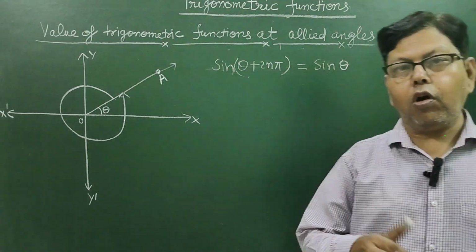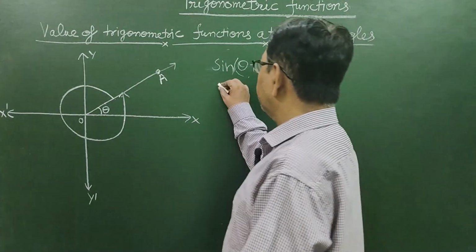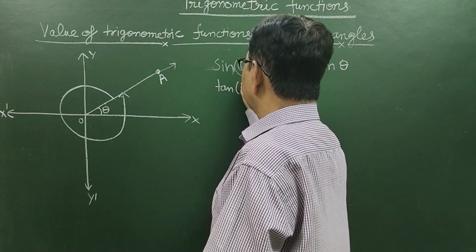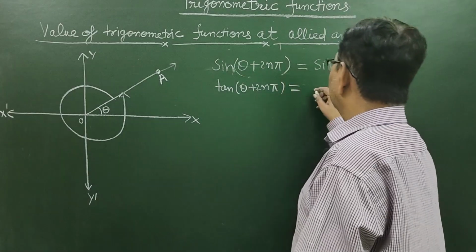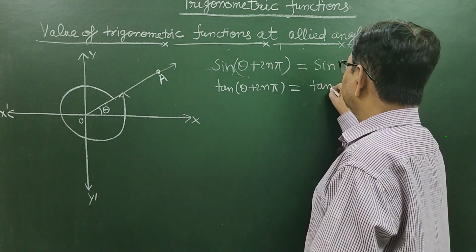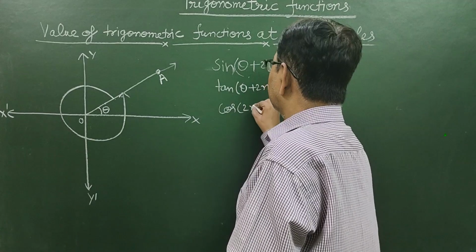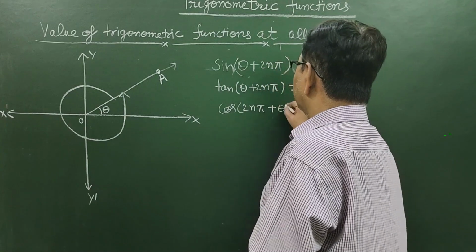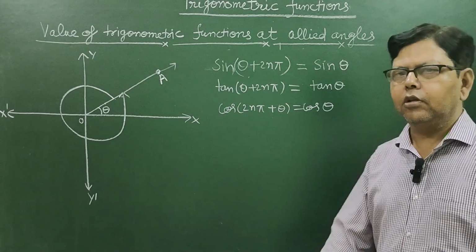This is true for all the trigonometric functions. Similarly, tan of (theta plus 2n pi) is equal to tan theta, or cos of (2n pi plus theta) is again equal to cos theta. It is true for all angles.